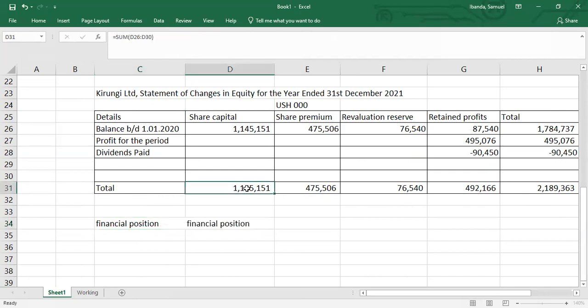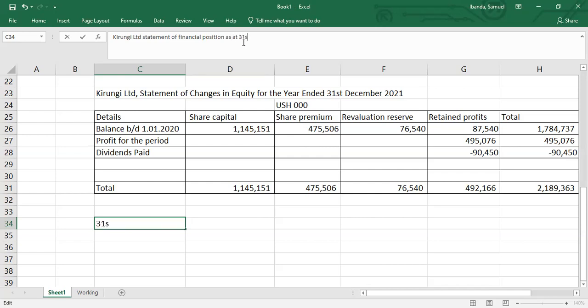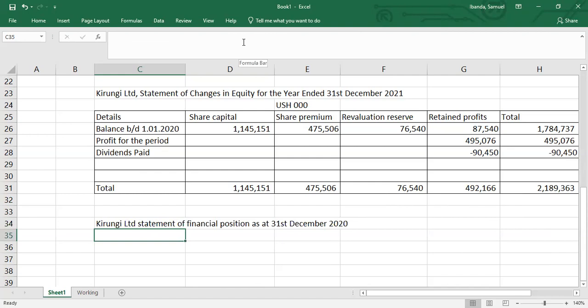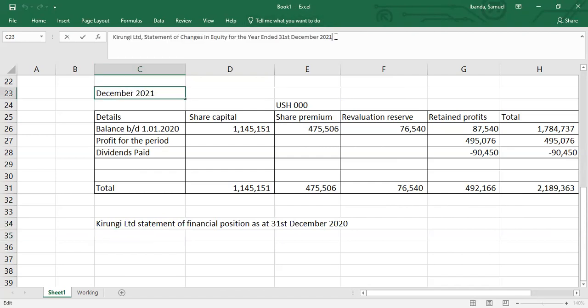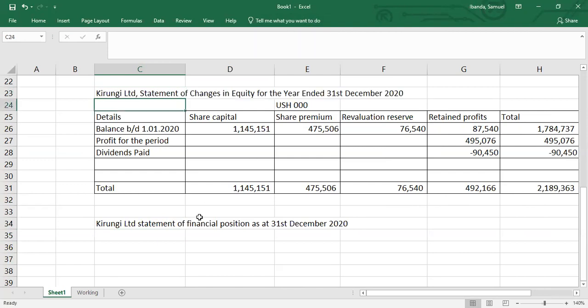All these values down here, we're going to use them here, okay? And remember, we say as at 31st December 2020. That is what we best thought, okay, this was 2020. It was not 2021. We just try to change it like that.